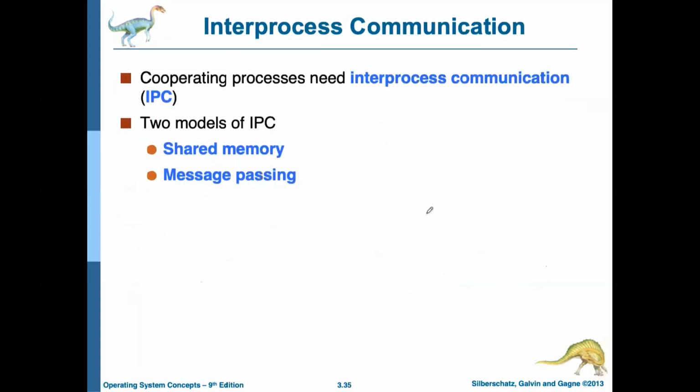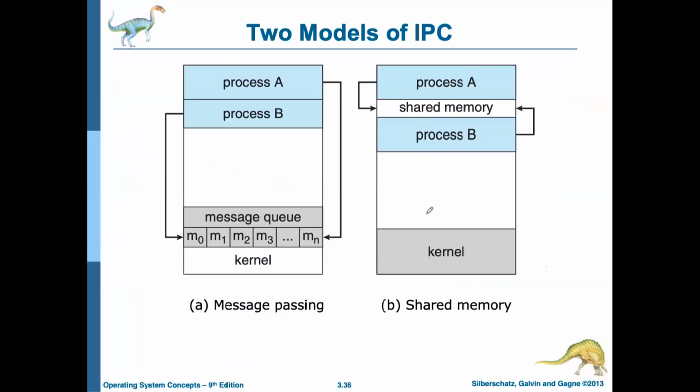Inter-process communication. Cooperating processes need inter-process communication, or IPC, to model shared memory and also message passing. There are two models of IPC. For message passing, process A and process B put messages in the queue.